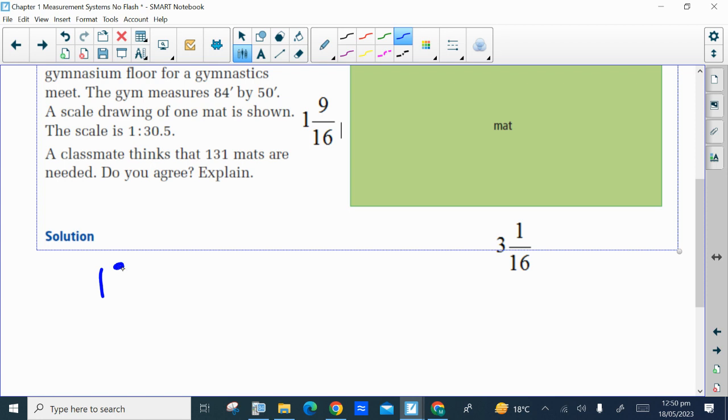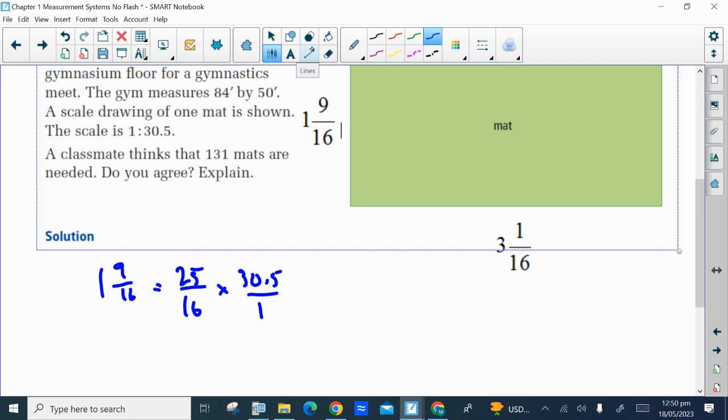Okay, there we go. 1 9/16. If we change to an improper fraction, 16 times 1 is 16, plus 9 is 25 over 16. And our scale factor is 1 to 30.5, which means we're going to multiply that by 30.5 over 1. So, top times top, bottom times bottom.